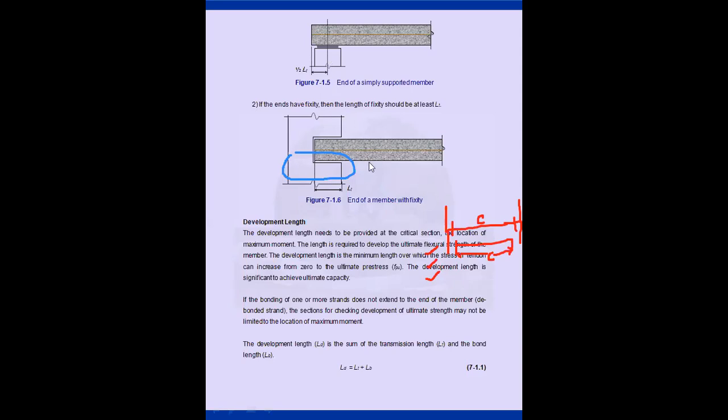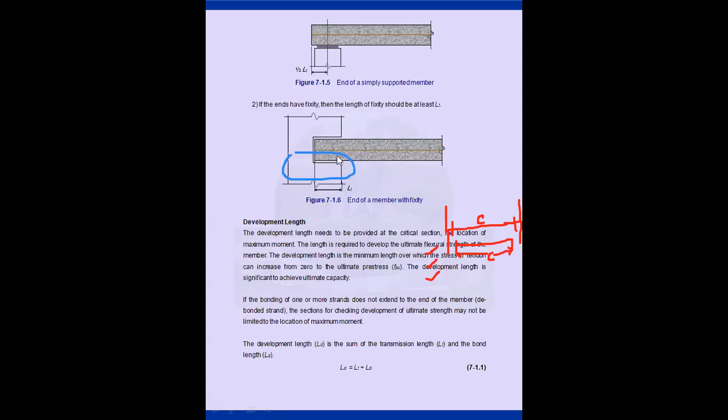Let us take another example, which is the end of a member with fixity. We can simply support a member like this. In the same way, a member which is going to be fixed within the support is called fixity. When you are fixing it, your effective length will be the overall member under the fixed condition. That length is called the transmission length.